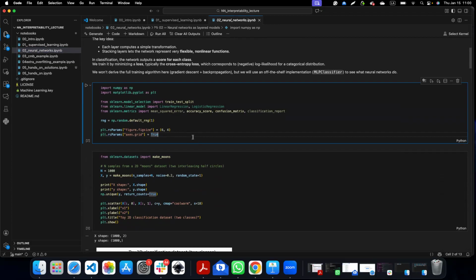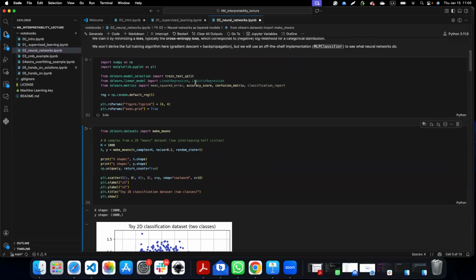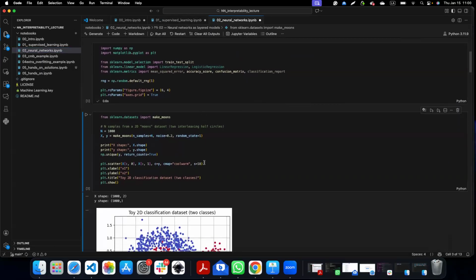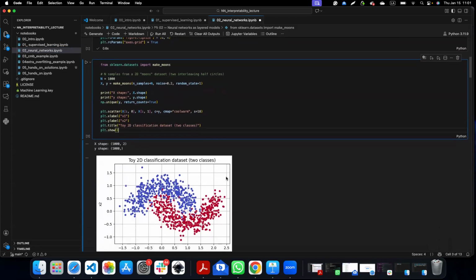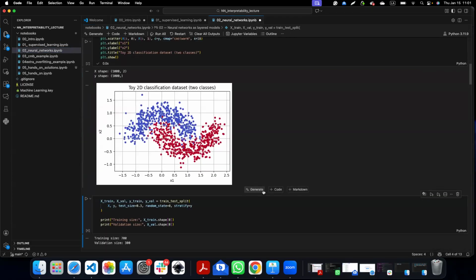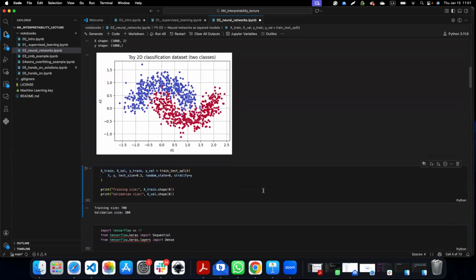I just copied from the previous part, so we just run the imports. And now we're going to simulate exactly the same data, and we're going to see how a neural network is able to draw this frontier more accurately in comparison to the logistic regression, which is kind of one neuron, let's say.